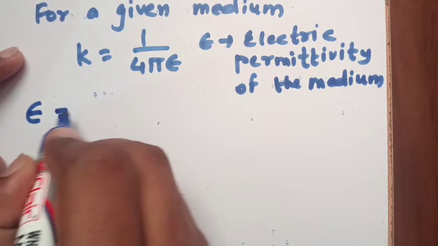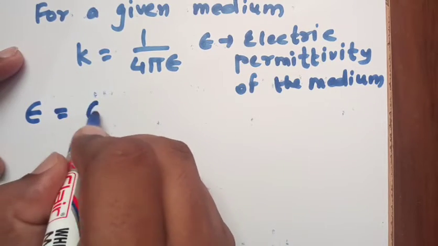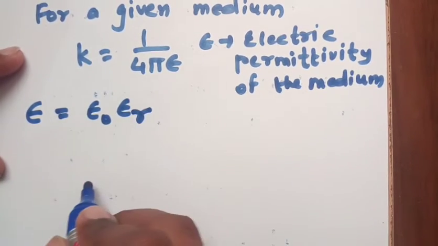So epsilon is equal to epsilon naught into epsilon r.